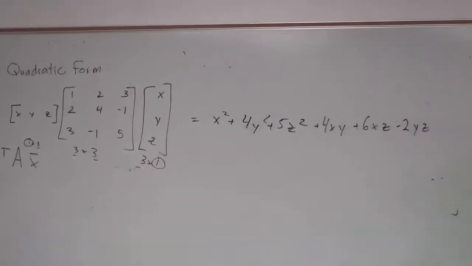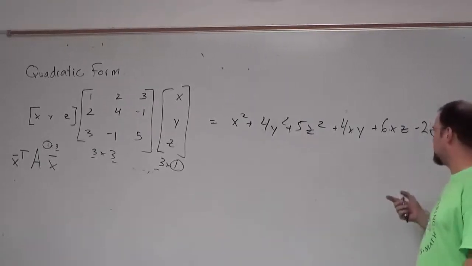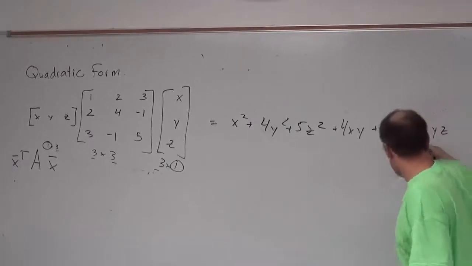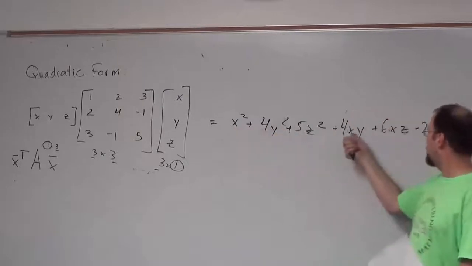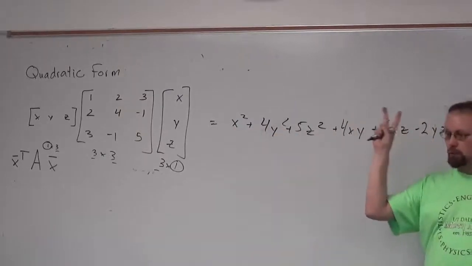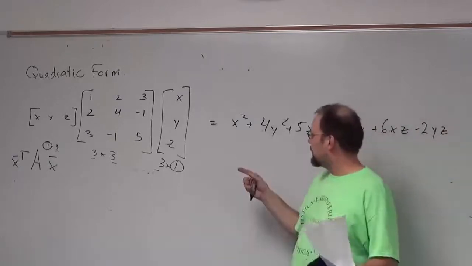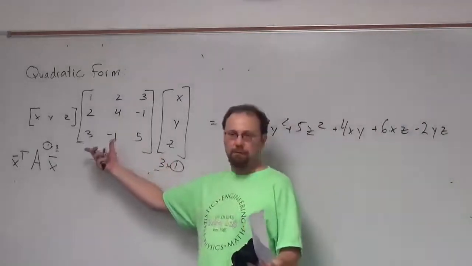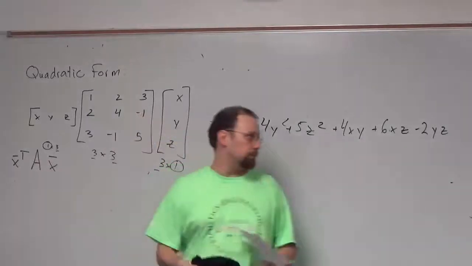That's just a computation you would have to suffer through. And you can reverse the process. The idea is that if you have a quadratic form like this, where the combined powers of all these terms is 2, so quadratic form, you can reverse the process and write the quadratic form in this fashion. Just x transpose Ax.